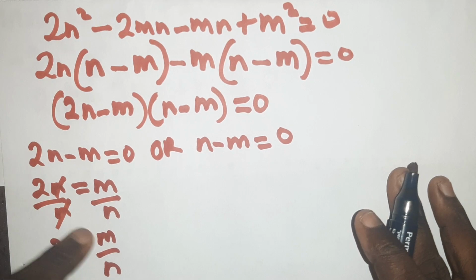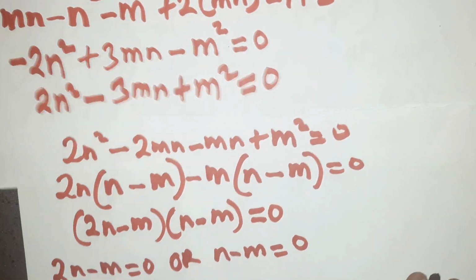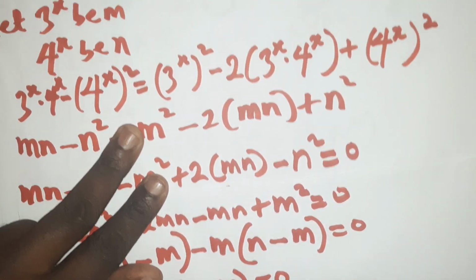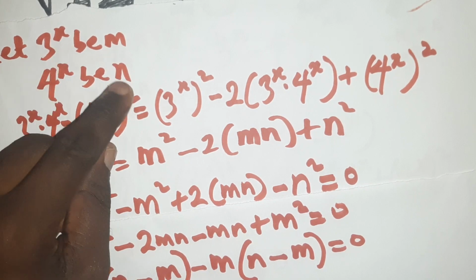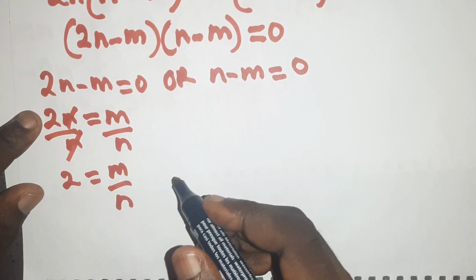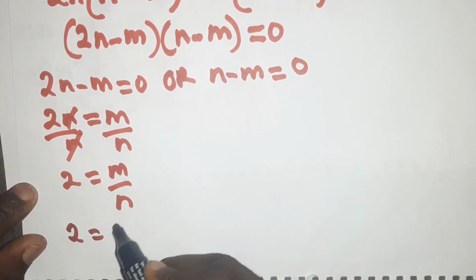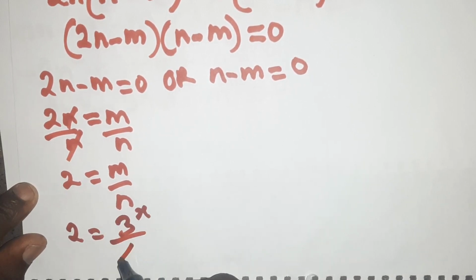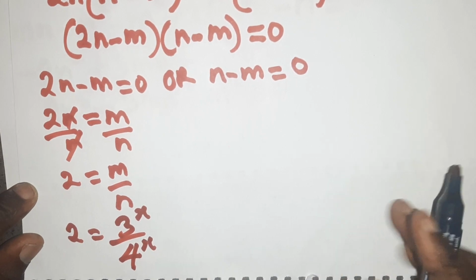But remember that my m, right from the beginning, I said that my m is 3 raised by x and n is 4 raised by x. So I'll fix them back. So I'll end up having 2 equals to 3 raised by x over 4 raised by x.